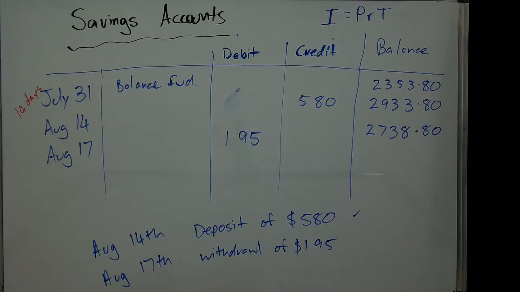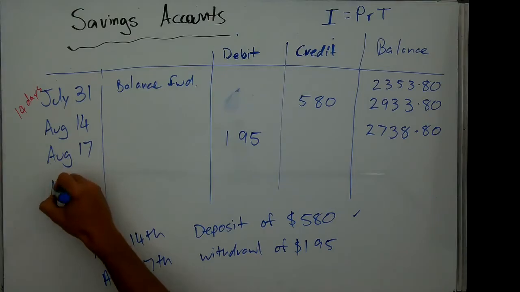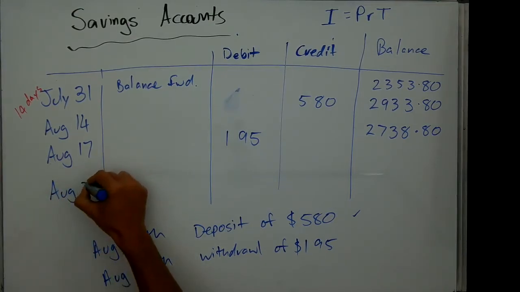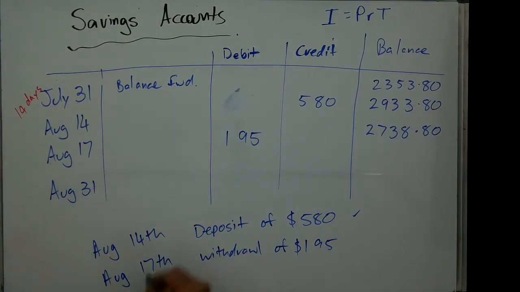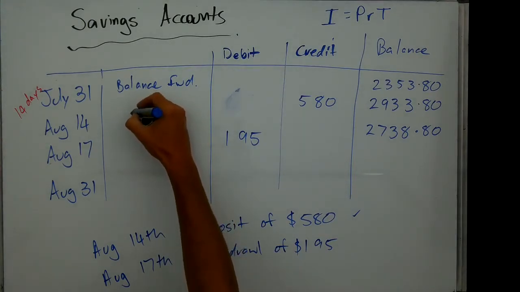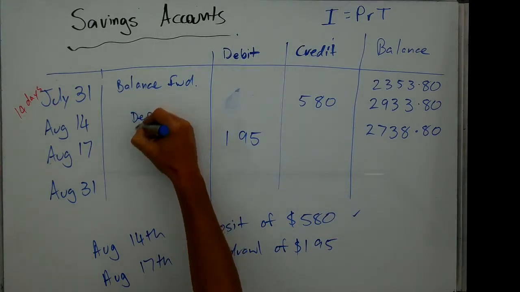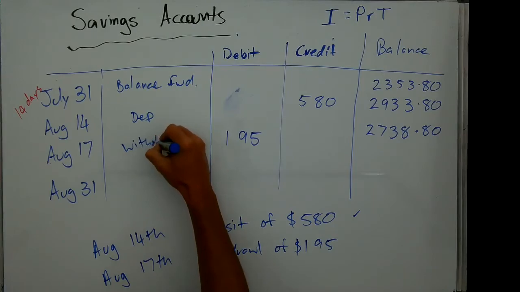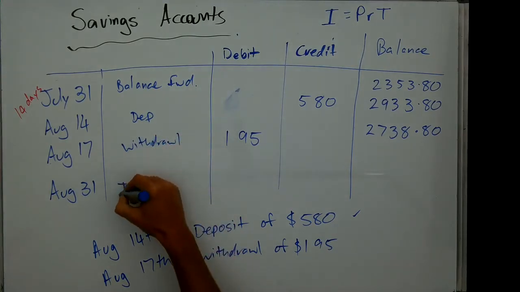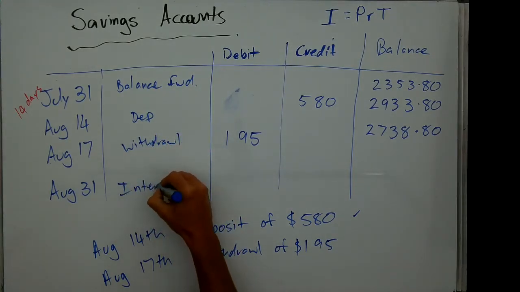Okay, so determine the balance after interest of 4.75% based on the daily balances added at the end of the month. So on August 31st, withdraw, and then we're going to have the interest.